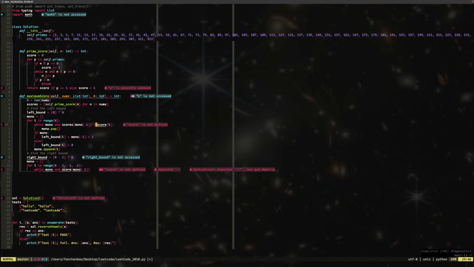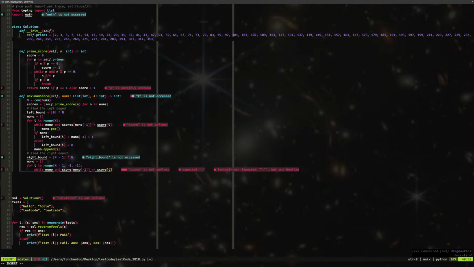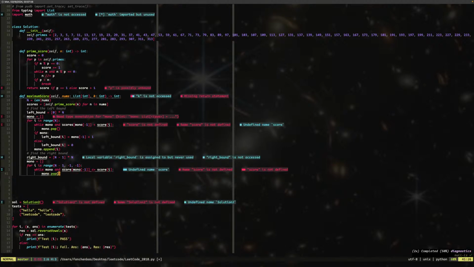For the left hand side, we cannot pop if it's equal. Because if it equals score, we'll choose the one with the smaller index. Therefore, when we hit someone that's equal, we have to stop. We cannot pop. But on the right hand side, we can pop. So here we can say smaller or equal to score I, right? And then we say mono.pop. This is fine.